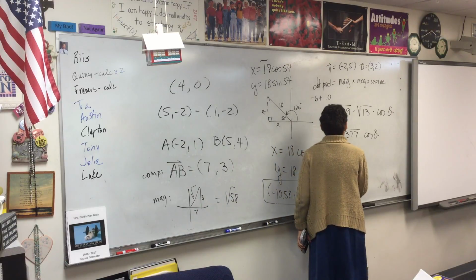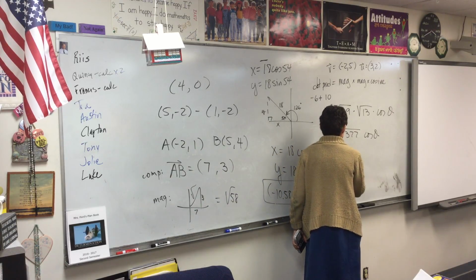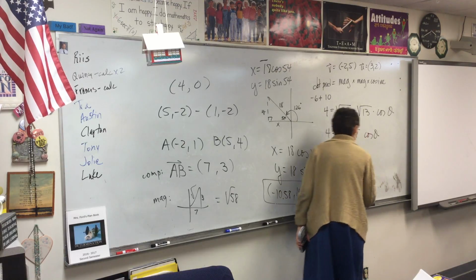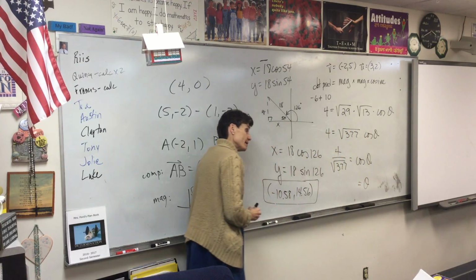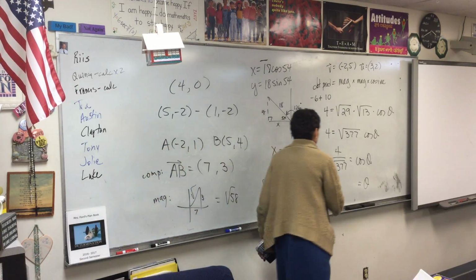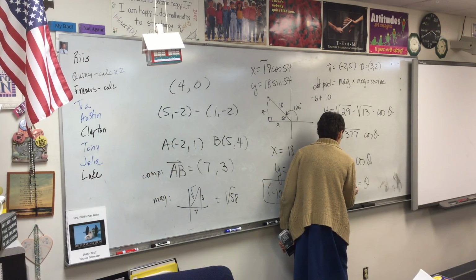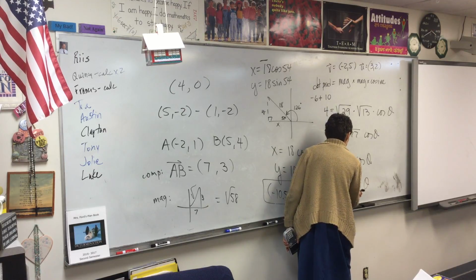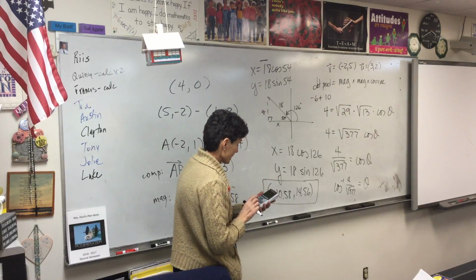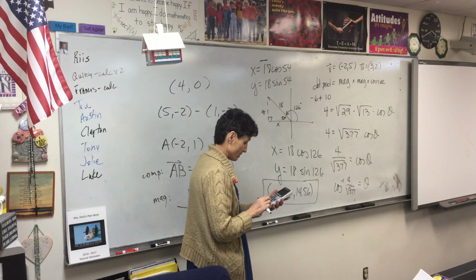So 4 over the square root of 377 is cosine theta. And how do I find theta then? What buttons do I press on my calculator? Second cosine.